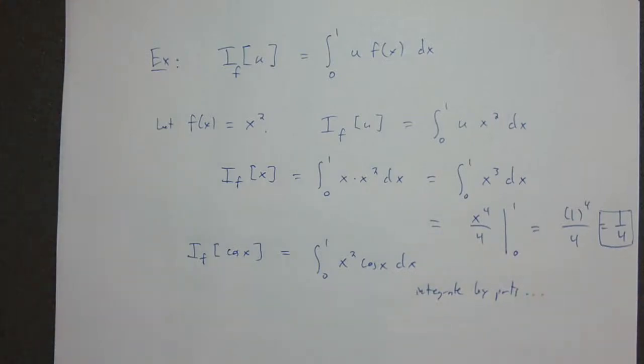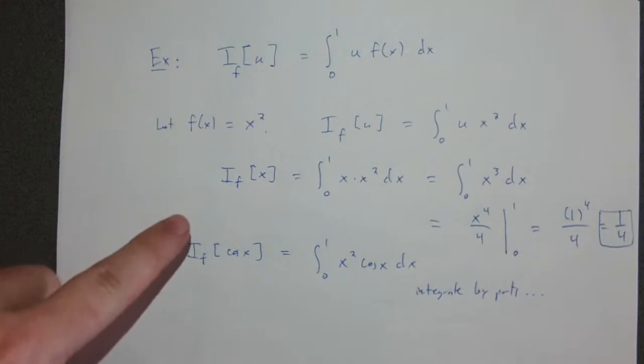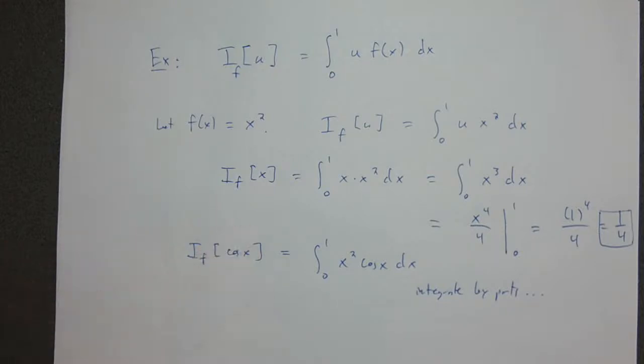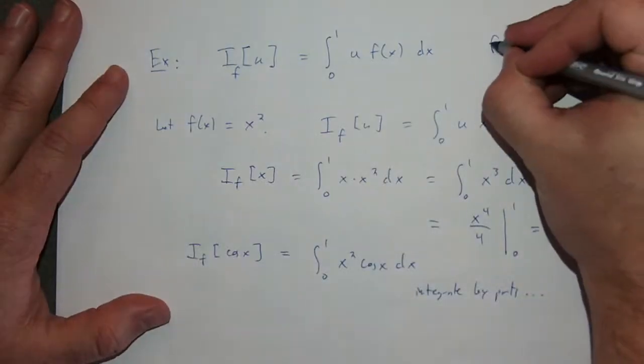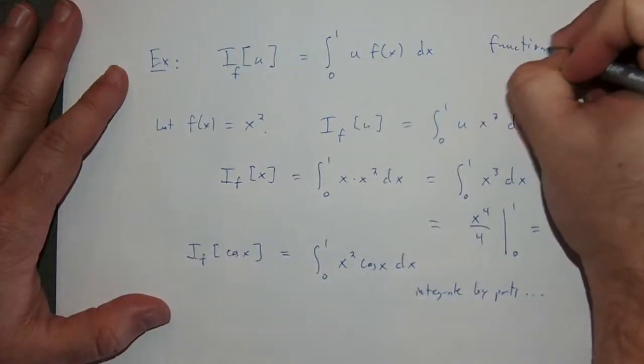I would eventually get an answer, but you can see how a function where you plug in another function is maybe something that you haven't considered before, or if you had, it's something that you haven't really studied that much. Normally, we're used to plugging single real numbers into functions. So a function of a function is an example of what's called a functional.